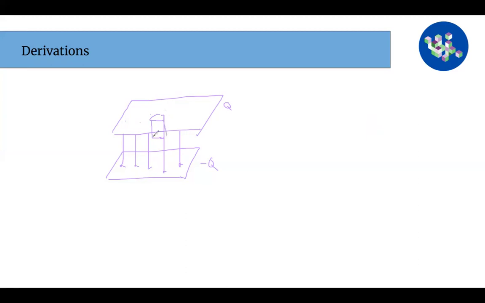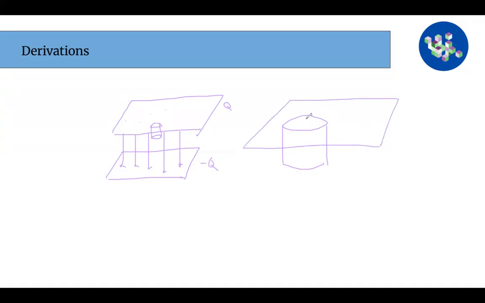Let me just redraw that because it doesn't look that good. This is what my Gaussian enclosure would be. It sort of looks like a pillbox. And then what is the enclosed charge in it? This is my Gaussian surface, and my plate would be going through it like that.